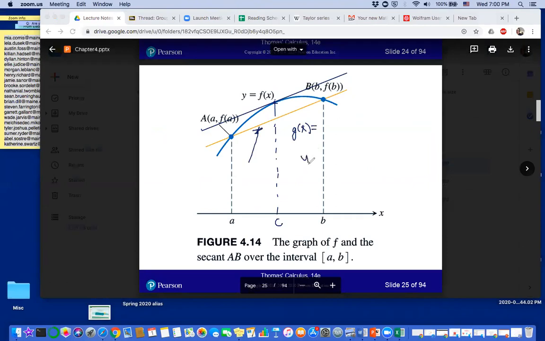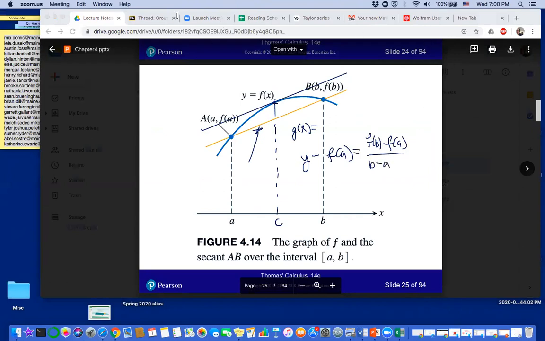So y minus f of a, I'm using this as my base point, is equal to its slope, which is f of b minus f of a divided by b minus a, times what? You guys tell me.